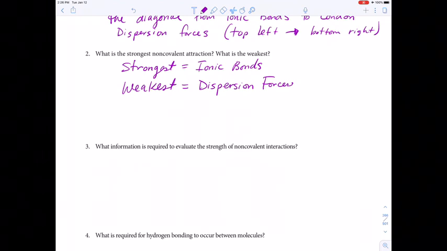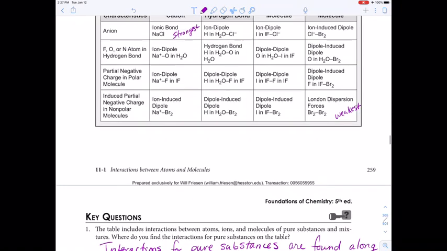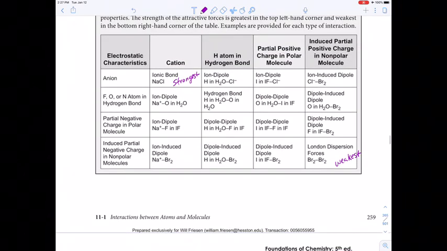What information is required to evaluate the strength of non-covalent interactions? Okay, so on this table, the electrostatic characteristics of substances outlined on the table are necessary to be able to evaluate the interactions between them.